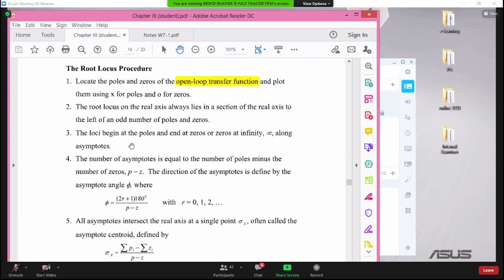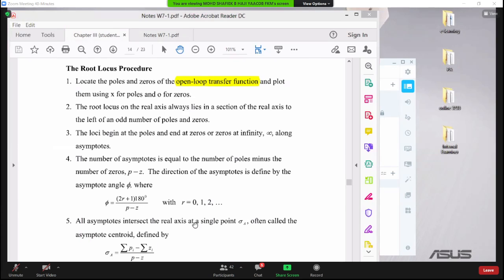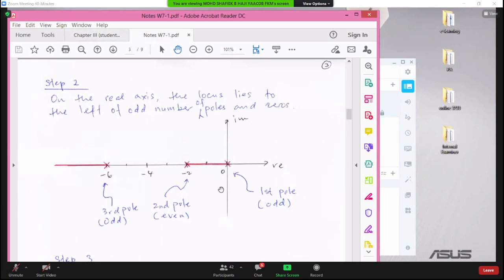I'll get that right next time. Since we don't have any zeros, all of our three loci will end at infinity.